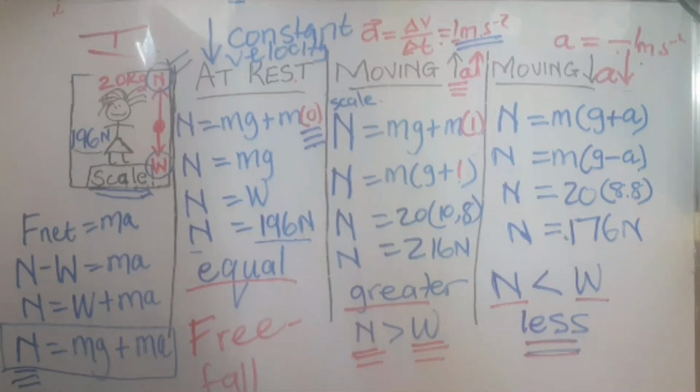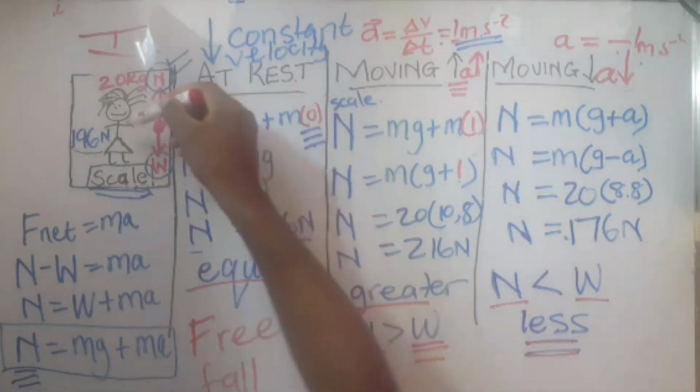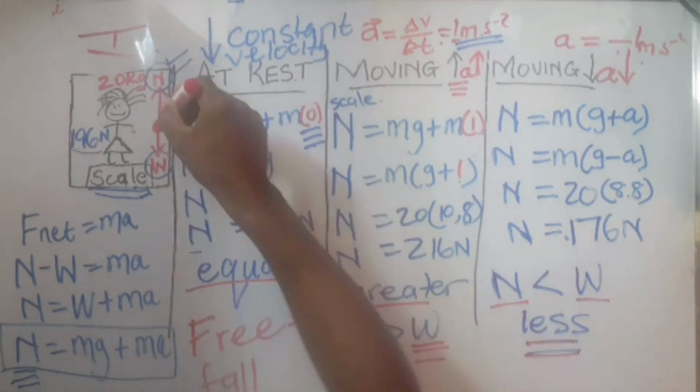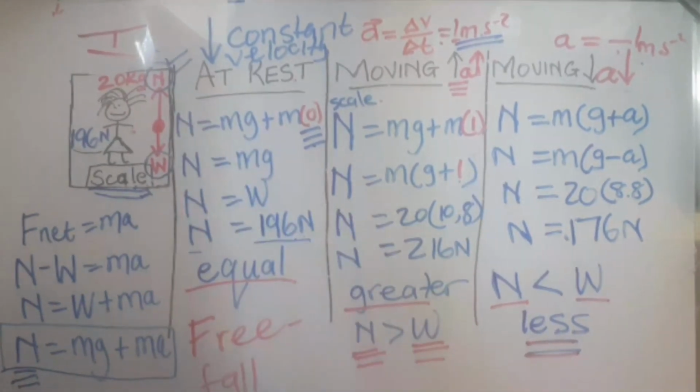Now, at free fall, the acceleration at which the girl would fall is 9.8 meters per second squared, and the acceleration for the lift is also 9.8 meters per second squared.